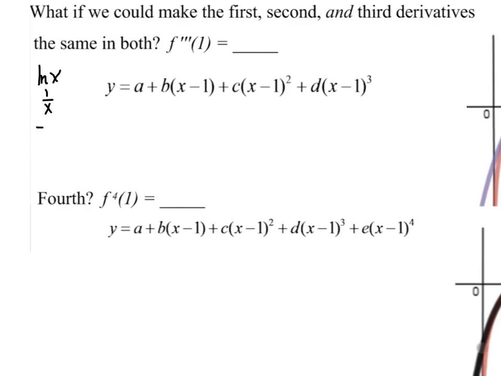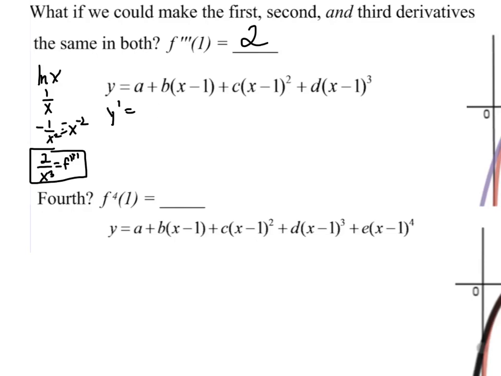Its derivative was negative 1 over x squared, or if it helps you, negative x to the negative second, and its derivative would be positive 2 over x cubed. This is the third derivative. So the third derivative's value at 1 is 2. Well, I want the third derivative here to be the same thing.